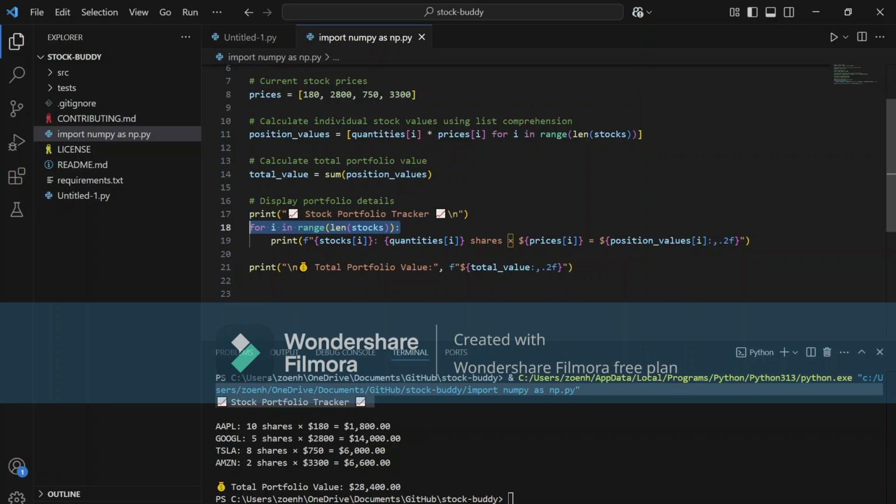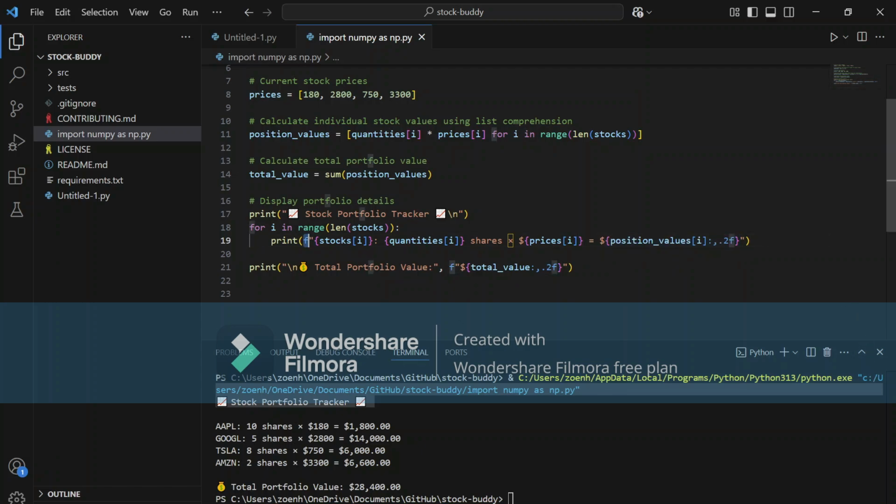So the stocks[i] gets the stock symbol, the quantities[i] gets the number of shares, the prices[i] gets the price per each stock, and this is going to be the total position value rounded to 2 decimal places.